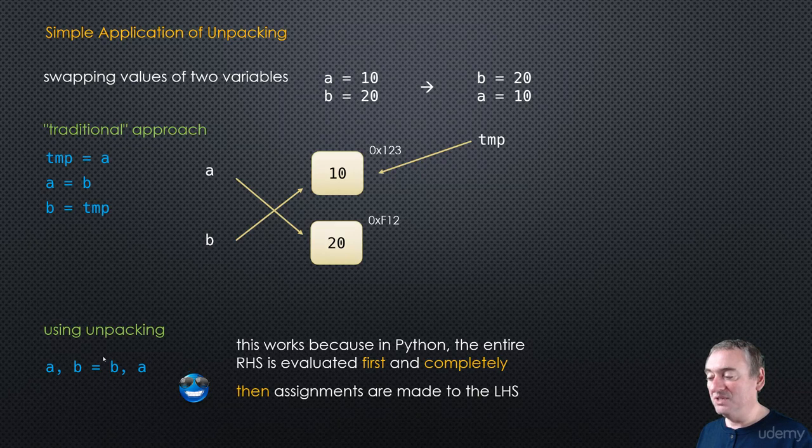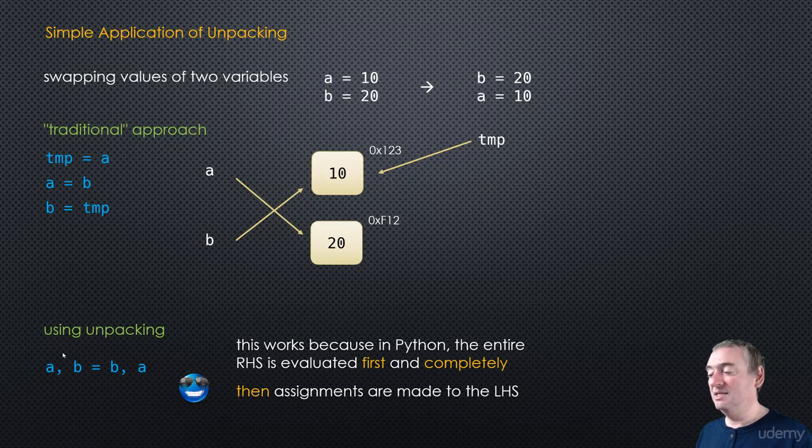In other words, what happens here is that Python evaluates this right-hand side. And so it actually creates a tuple in memory. The first element of that tuple is a memory address, which is where b was pointing to. And the second element is the memory address of where a is pointing to.